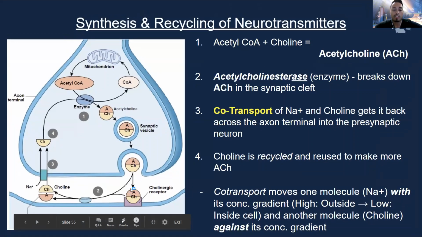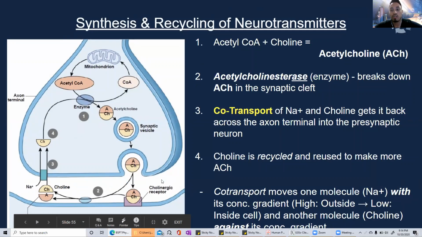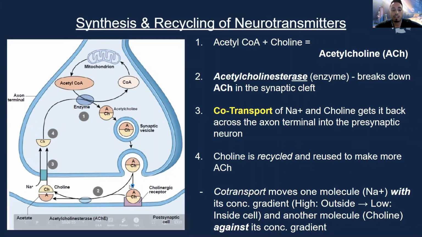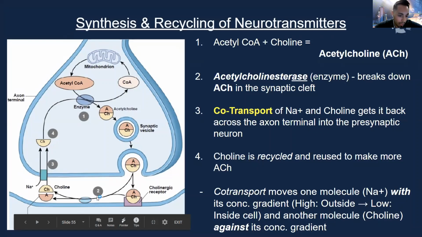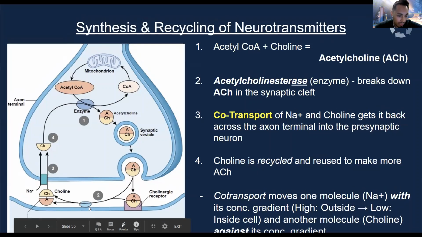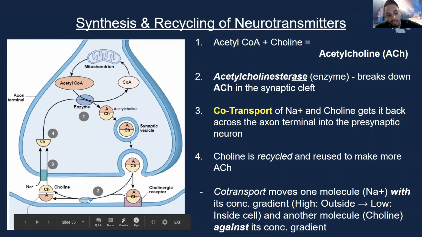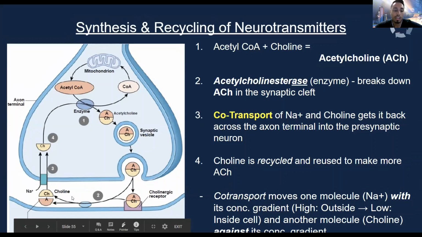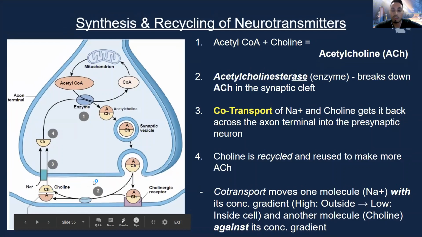And then that acetylcholine is hanging out in the synapse where it meets the acetylcholinesterase, which breaks it down into its individual components again. So what you see in 2, that blue oval, that right there is the enzyme. And that's what's doing the breaking down of the acetylcholine into acetyl-CoA and choline.